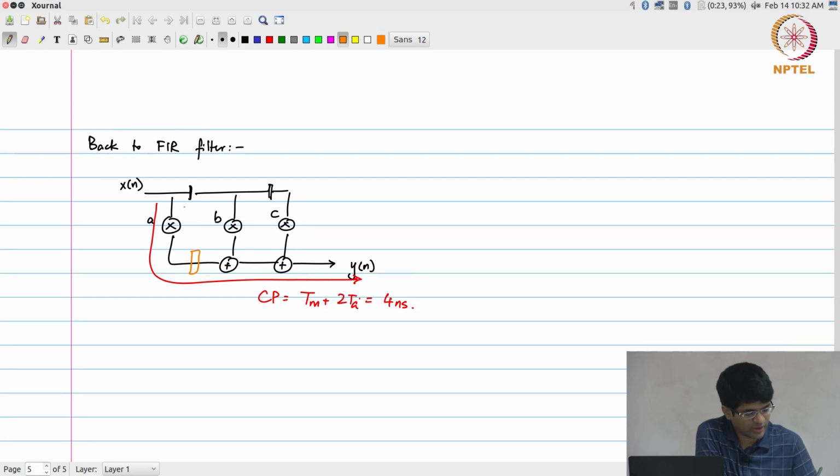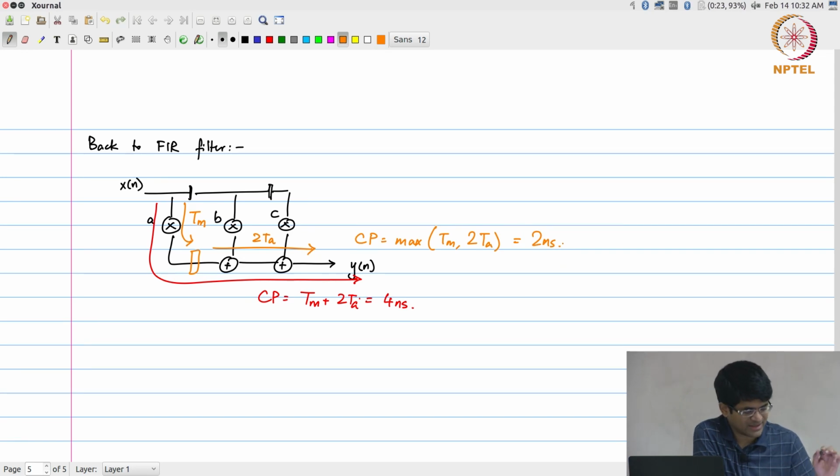right. Now, I would have been able to break the critical path. This is a delay of Tm, this is a delay of 2 Ta, so the delay is the max of Tm or 2 Ta. In this case both are the same, so it ends up being 2 nanoseconds.